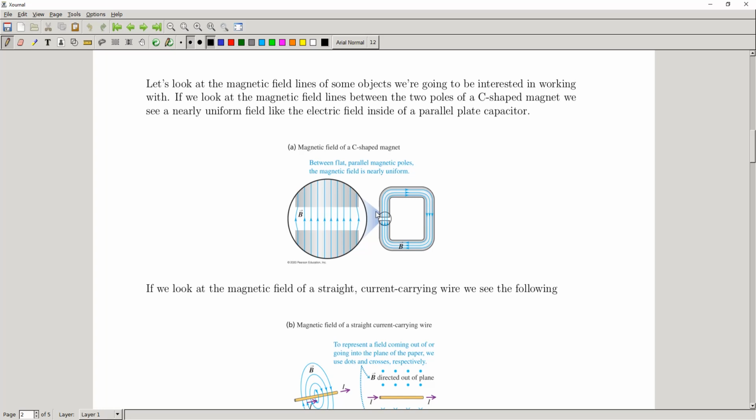So we have a very uniform magnetic field in here. That's an interesting and potentially useful configuration of magnetic field that we might look at.